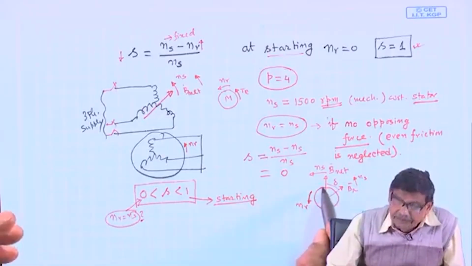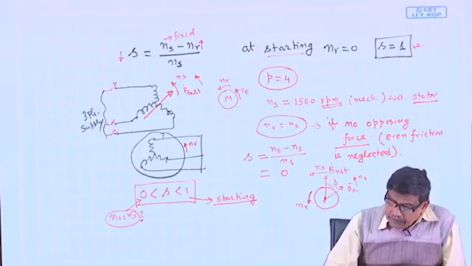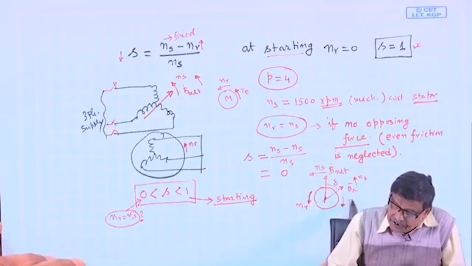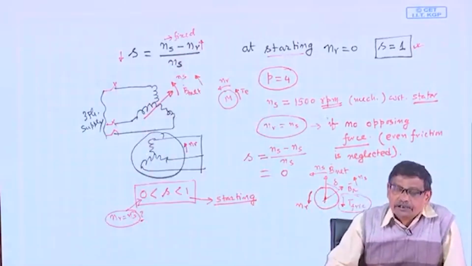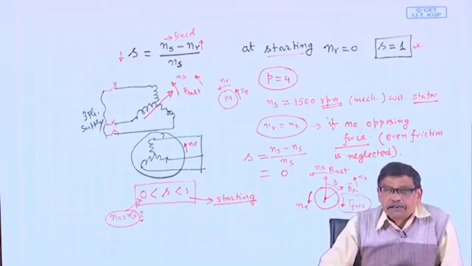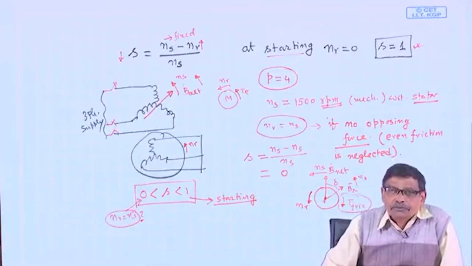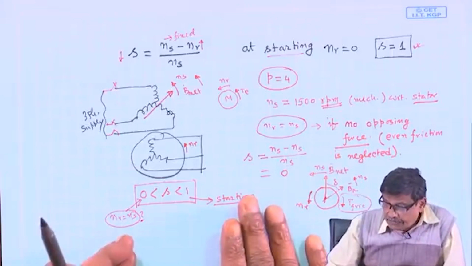So, it goes like that with time, and I am now telling there is an opposing torque, T friction. This is the added thing. So long we neglected opposing torque, now only T friction is present. Then what will the rotor do?